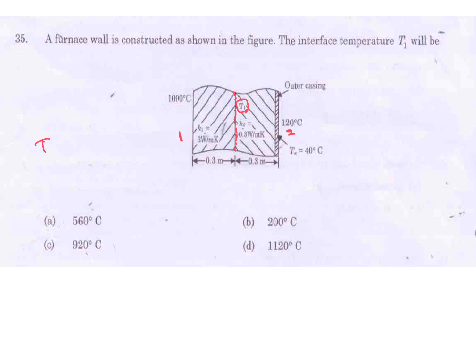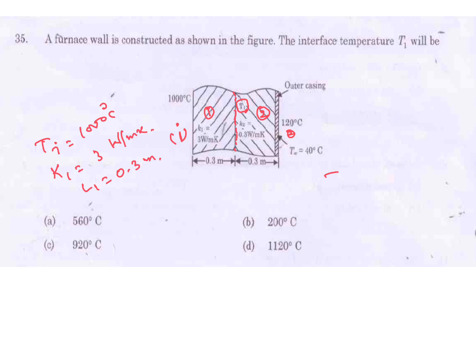This one is T1, the interface temperature. This side we say I and O. T inside is 1000 degrees Celsius. K1 for plate 1 is 3 watt per meter Kelvin. L1 thickness is 0.3 meter.